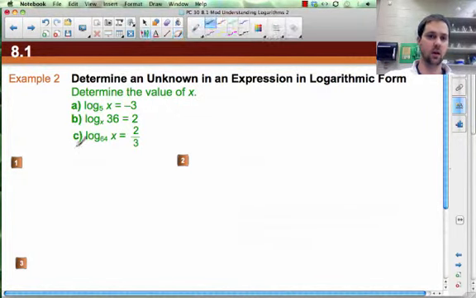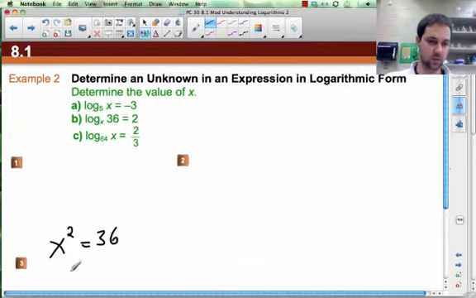Now, this time our variable is our base, so we have x to the power of something, and that is written over here. So x to the 2 equals the answer right here, which is 36. x squared equals 36. So what's the value of x? Take the square root of both sides.